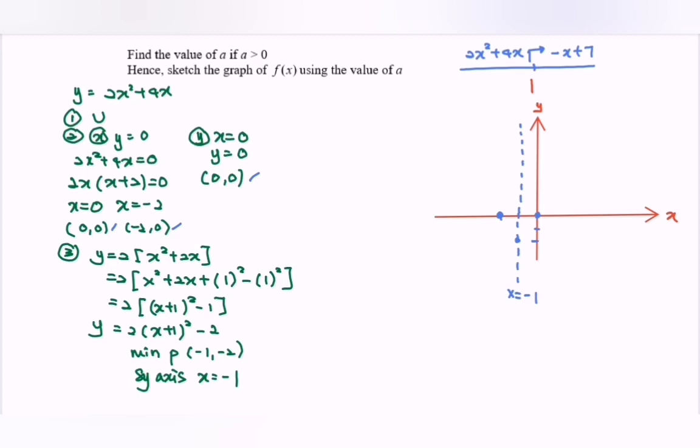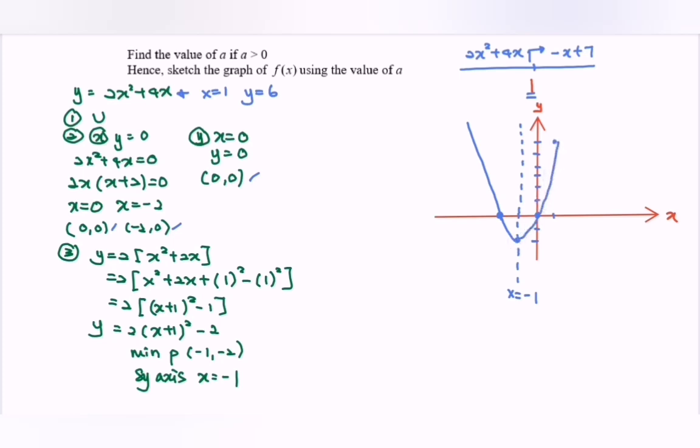So kindly sketch the graph. Referring to this part, we only go until 1. If we substitute 1, then the value of y will be 6. So the graph will be something like this.